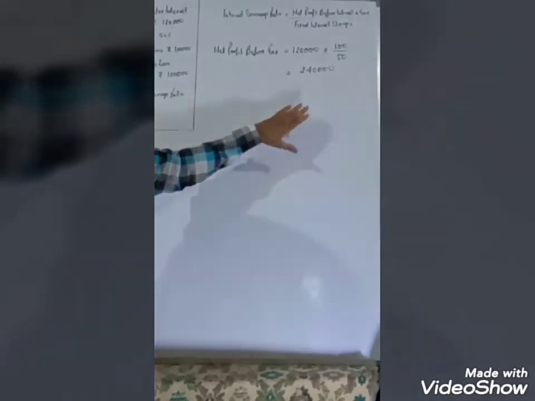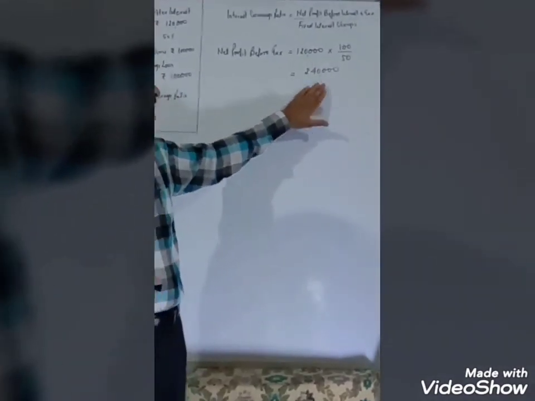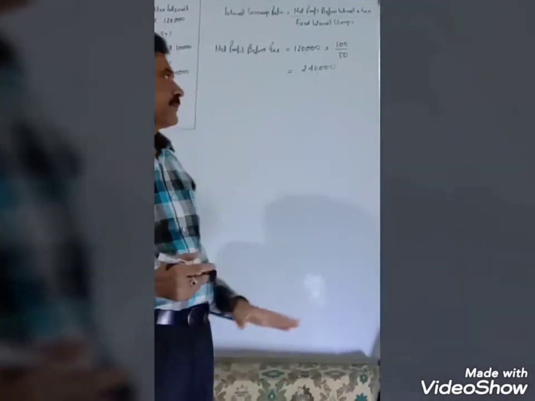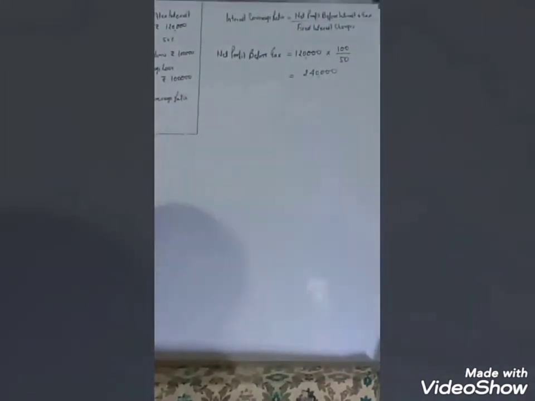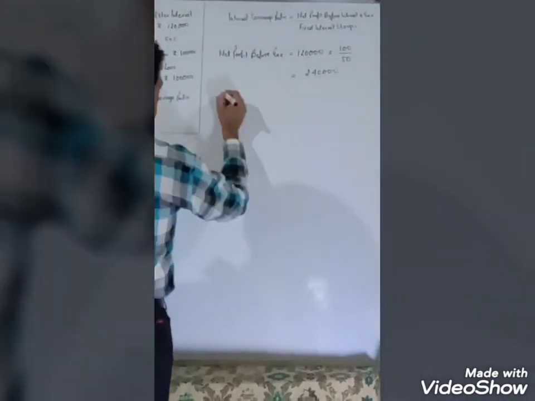That means net profit before tax is rupees 2,40,000. Because the tax rate is 50%, if we deduct 50% of it, we will get 1,20,000 again. Now after this we have to add interest to this.